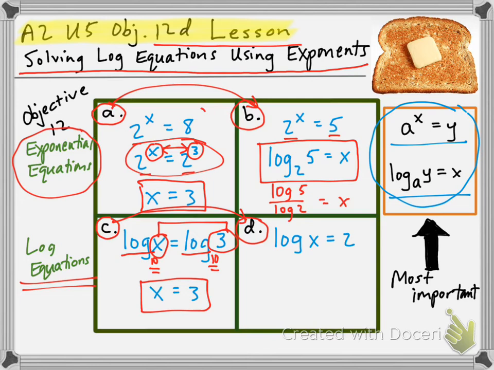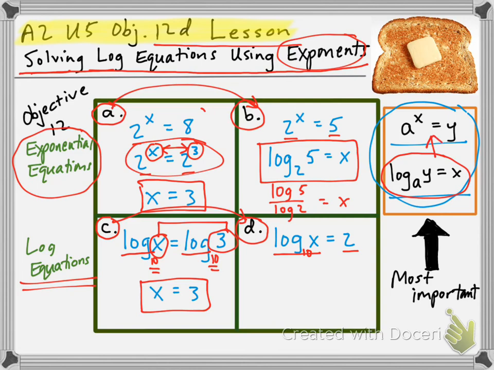So now what we notice here in box D, we have a log on one side and a number on the other. When we have a log on one side and a number on the other, that puts us into the category of solving log equations using exponents. Meaning we're going to rewrite this equation in exponent form.